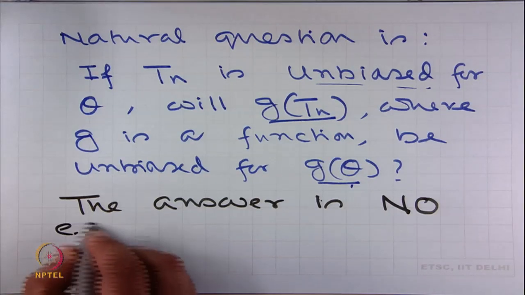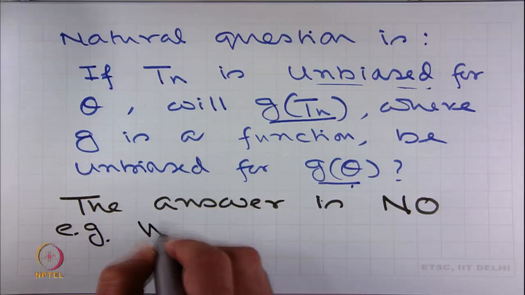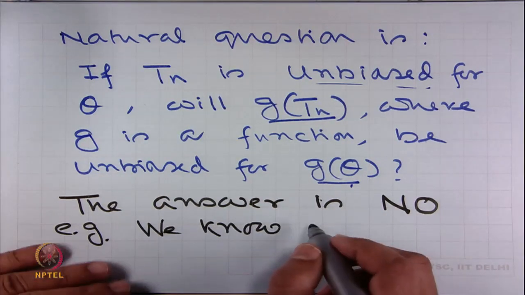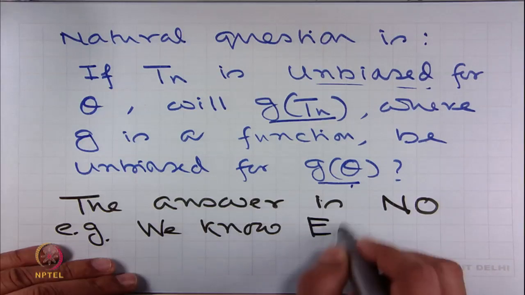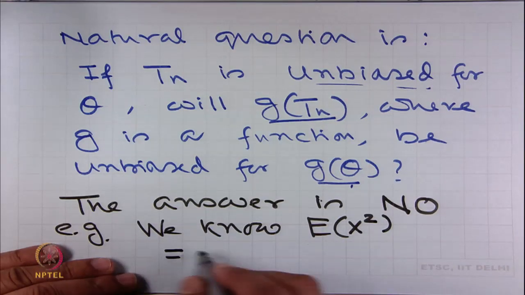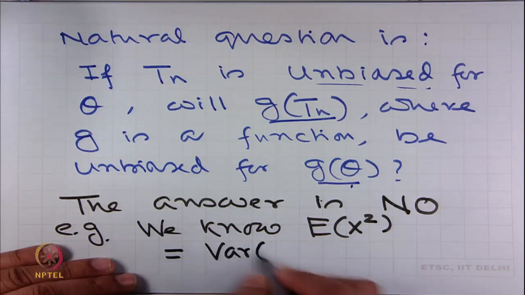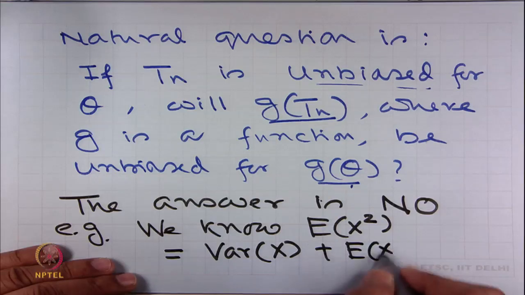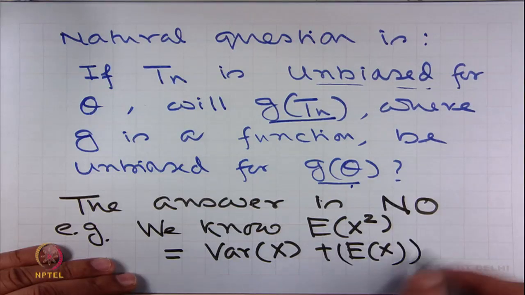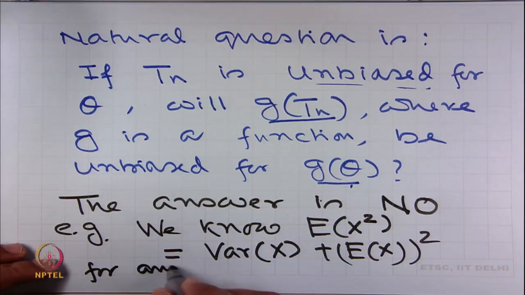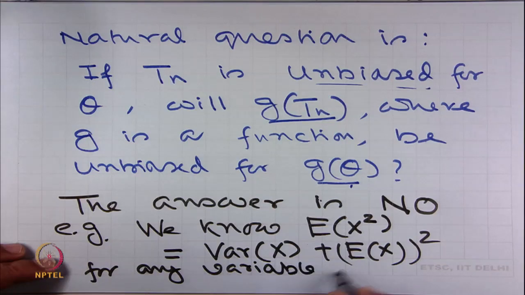For example, we know expected value of x square is equal to variance of x plus expected value of x whole square for any variable x.